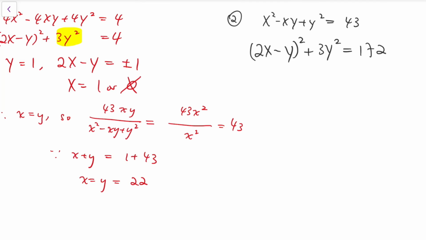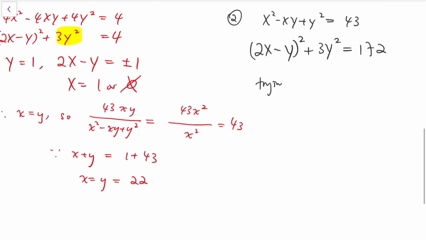Now 3 times big Y squared must be at most 172. We can just try one by one, because big Y can only take values from 1 up to 7. So we have a finite number of choices. Trying big Y equals 1, then big X equals 7, or we just reverse it: big Y equals 7 and big X equals 1.